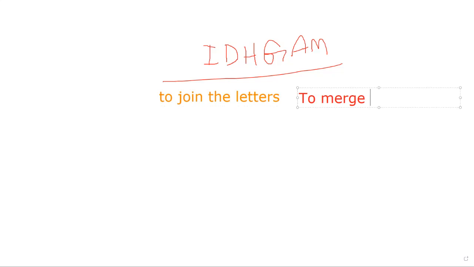And as you know, in our language Bengali, it says something is milano, like something we put together. So we say milano, ekotrito kora, ekloge milai. That's what idgham means basically.